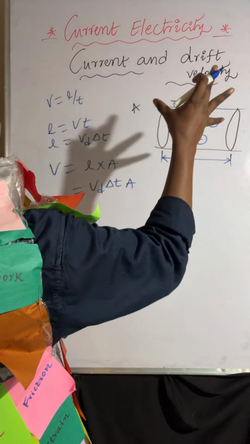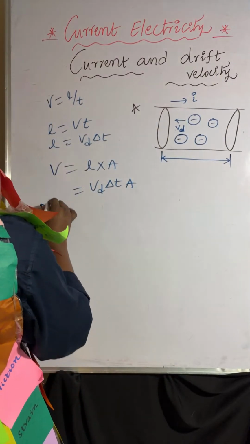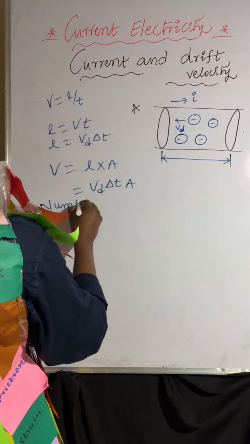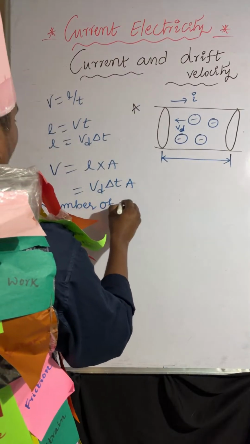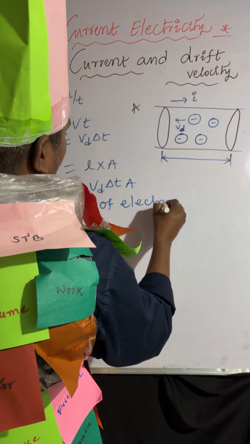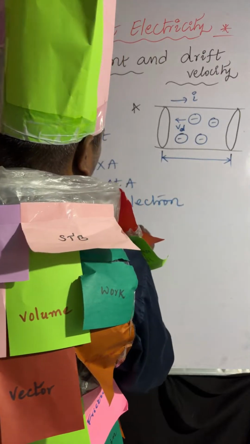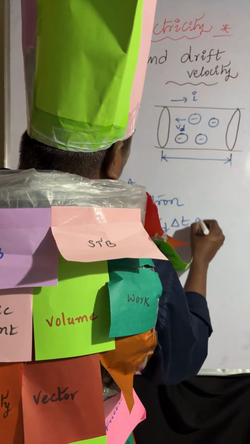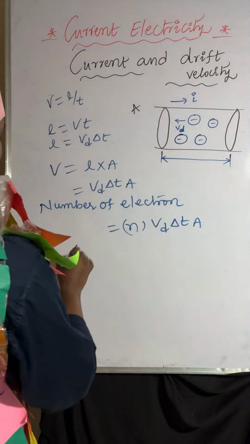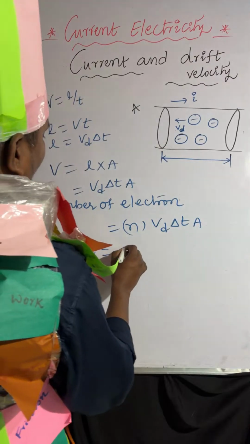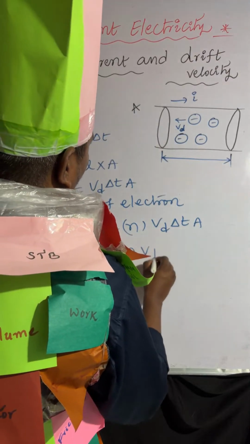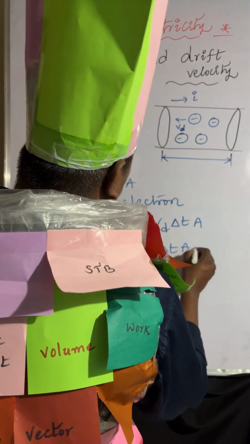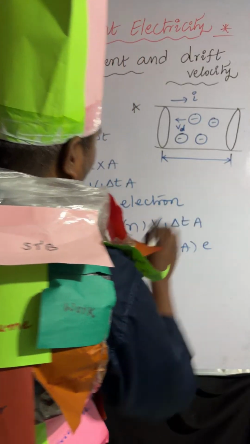So the number of electrons present in the particular volume is the electron density n into Vd into delta t into A. Now charge can be obtained by multiplying n Vd delta t A into e.